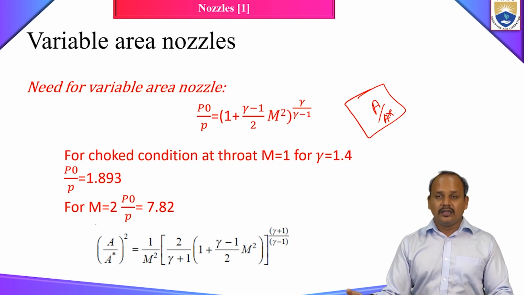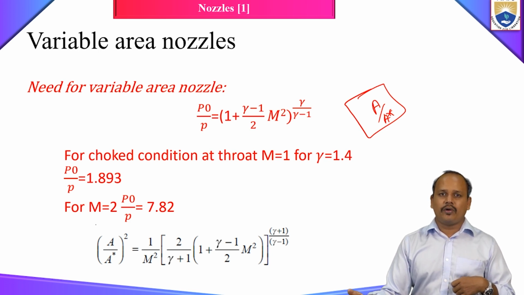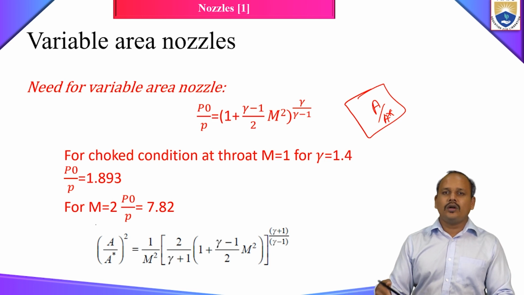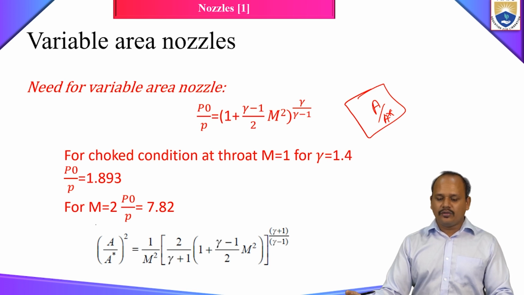Because we have seen that any nozzle designed for a fixed area ratio is capable of producing only one Mach number and expanding only one flow to the correctly expanded case. If I want to operate my nozzle always in the correctly expanded case, I have to change my area ratio so that I can change my Mach number. If I change my Mach number, I can make my nozzle always operate under the correctly expanded case.